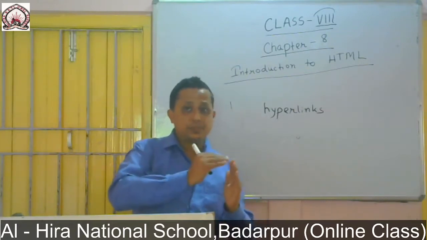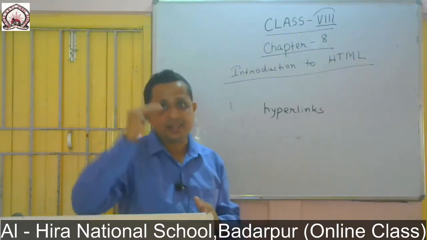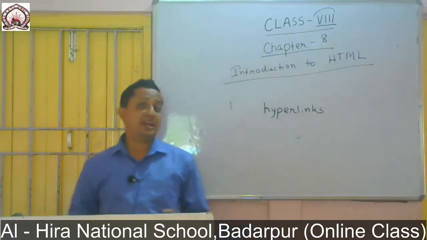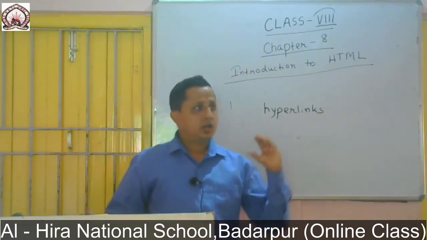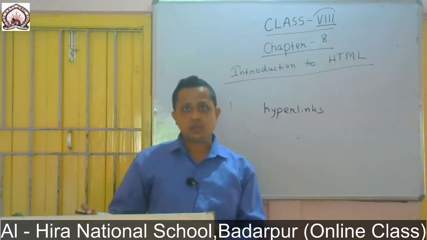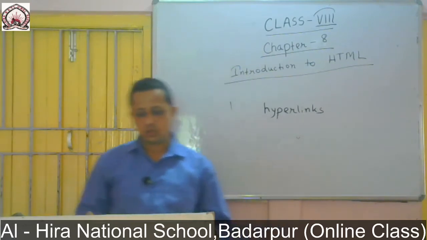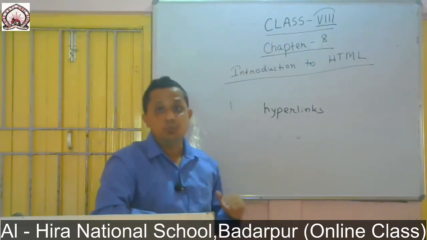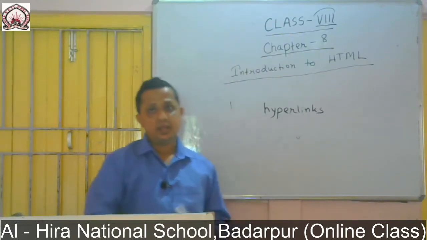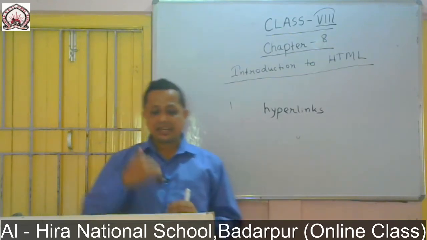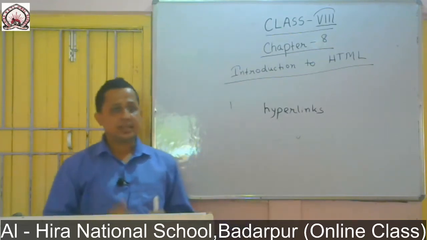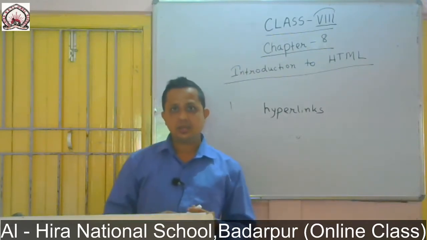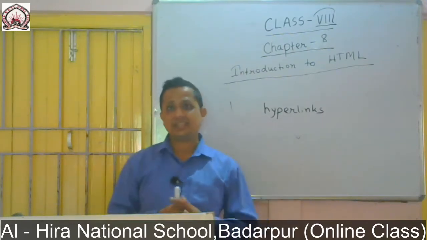Now, there must be a link from one web page to another, and these links are created using hyperlinks. A hyperlink is basically a word or a phrase, or sometimes it may be an image also. When the mouse is moved over this hyperlink and you click it, it connects us to the different page to which the web page is linked.